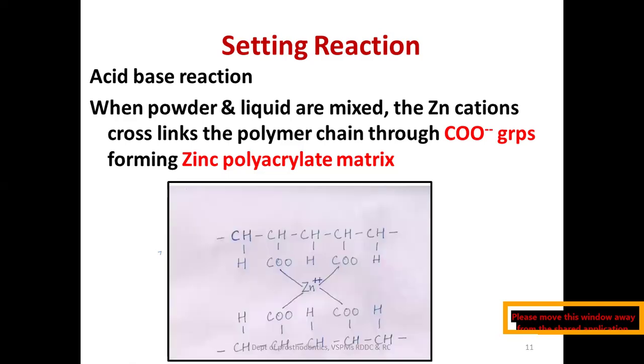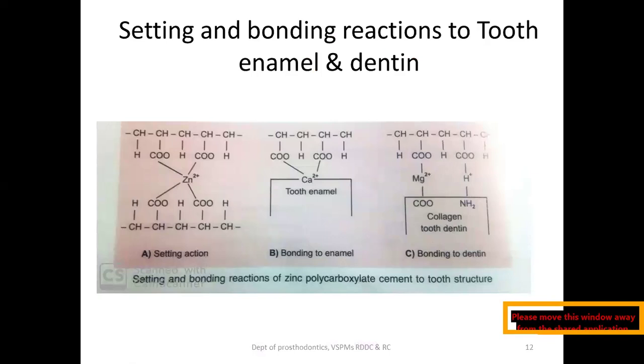You can see the reaction, the zinc cation combining with the carboxylic group of the liquid. But in the reaction, many of the carboxylic groups remain free, meaning they do not combine with the zinc cations, which will give you adhesion, or bonding, with the enamel and dentin.